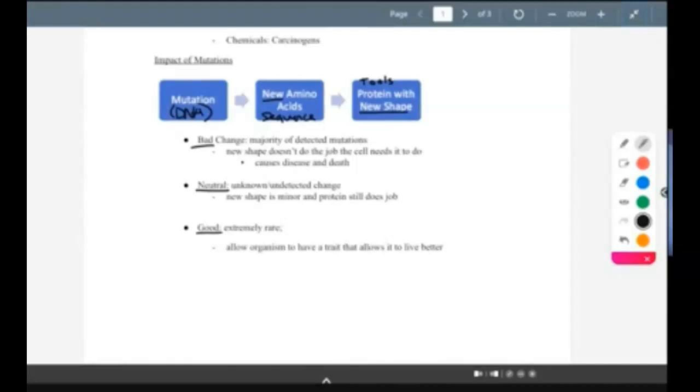So for example, maybe the mutation causes a screwdriver to become a hammer. But we need a screwdriver, not a hammer.